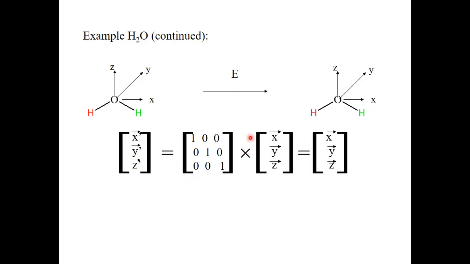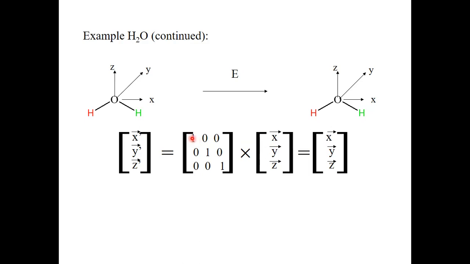And the transformation matrix will have the form 1, 0, 0, 0, 1, 0, 0, 0, 1. Because this matrix multiplied with the old coordinates gives the new coordinates, which are the same as the old coordinates. Okay?